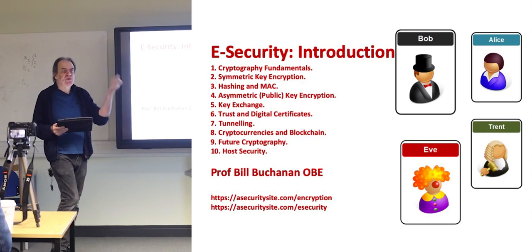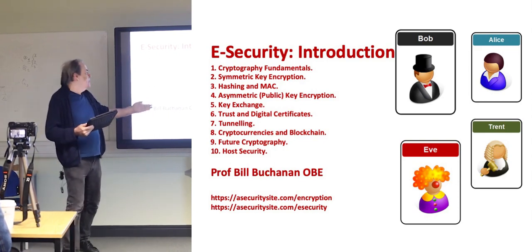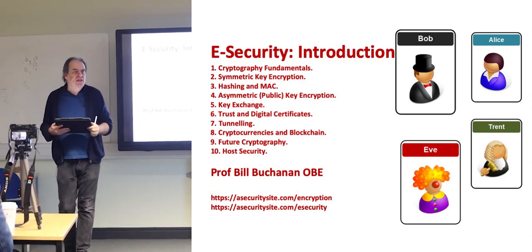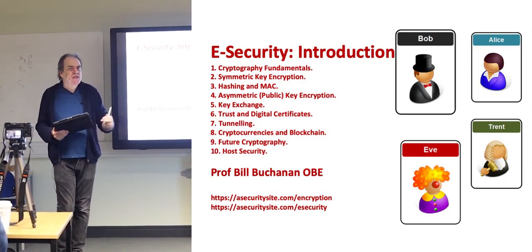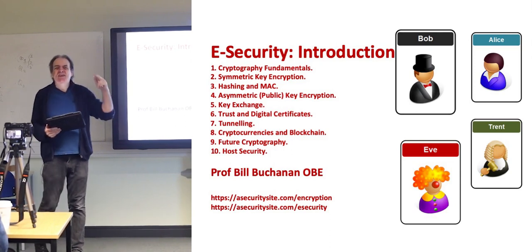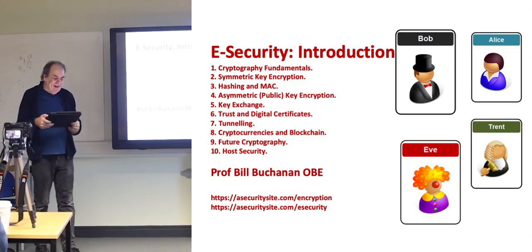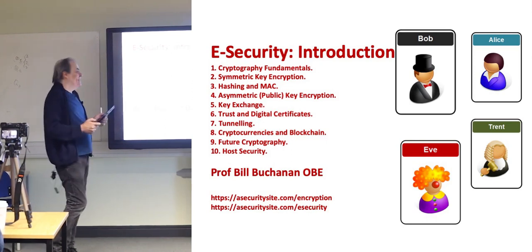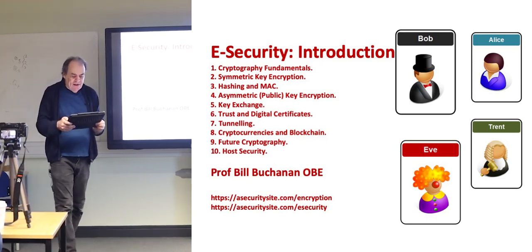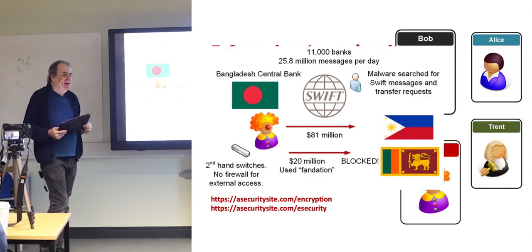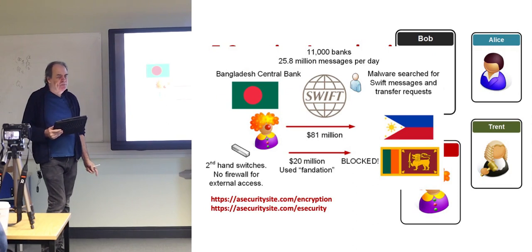And we'll hopefully see a new world evolving as we look into the future and to look at things like blockchain and cryptocurrencies. We'll see a new world evolving, and it's a different world than the one we've actually built up. Okay, so those are the 10 main units that we're going to cover in the module, and I'll just explain some of the areas.